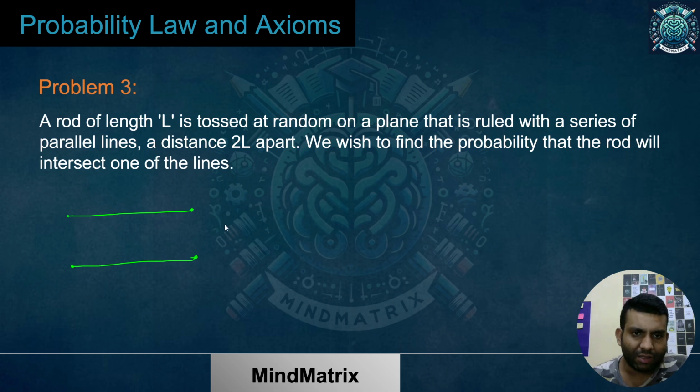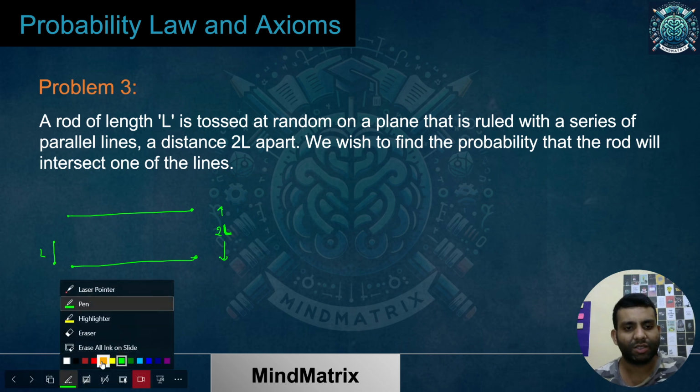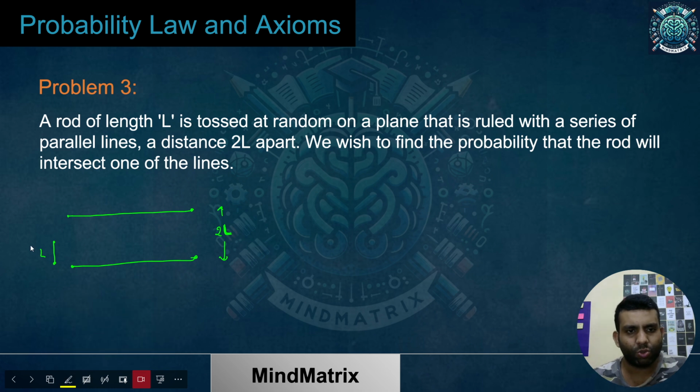We already know these two parallel lines are 2L length apart. And what is the length of my rod? That is just L. Just think about this: should I consider that my rod will be intersecting with both lines at a time?